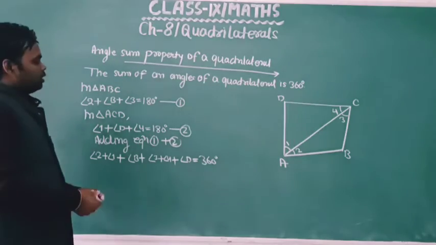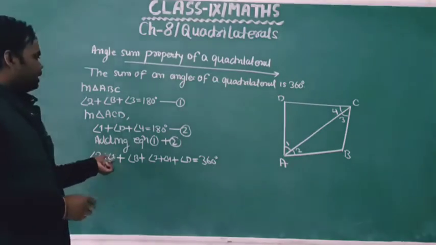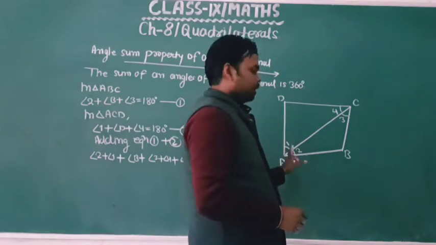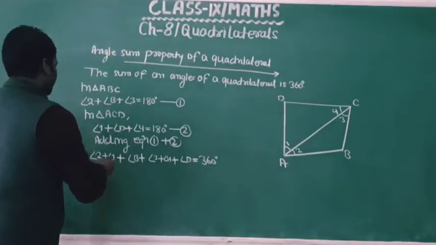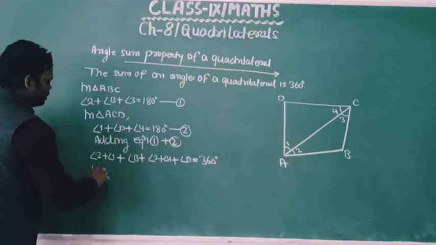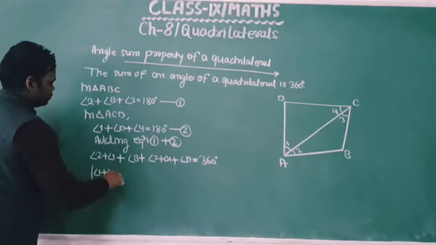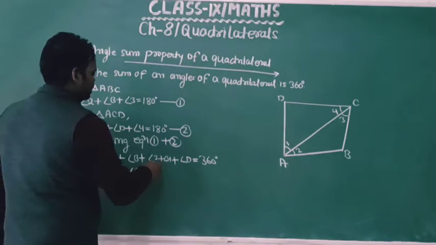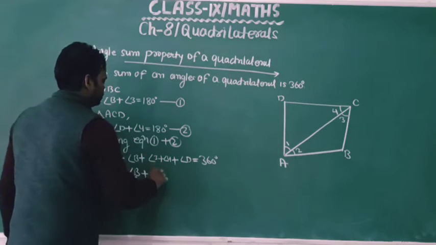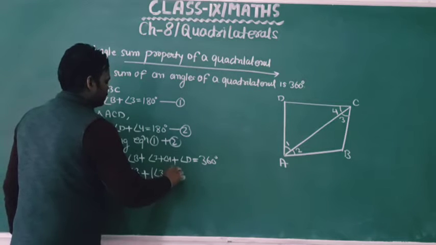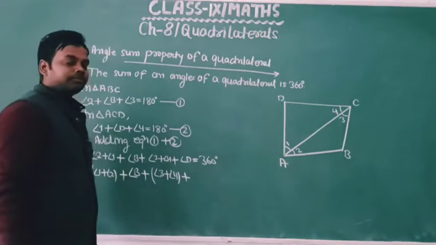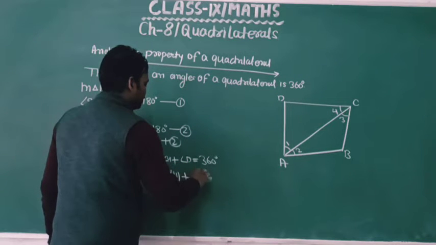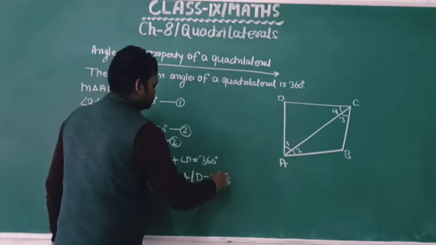Okay, so now combining angle 1 and 2, because angle 1 and 2 after combining give whole angle A. Next, this is whole angle B, and here combining angle 3 and angle 4 gives angle C.